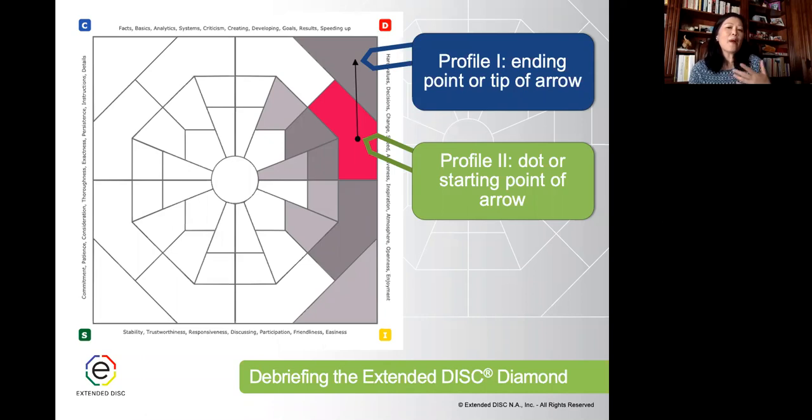So the amount of energy and concentration for them to be 100% D is probably not going to be as significant, unlike if they said, hey, I need to be 100% S. I need to focus more on stability. I need to slow it down. I need to make decisions with my team members.